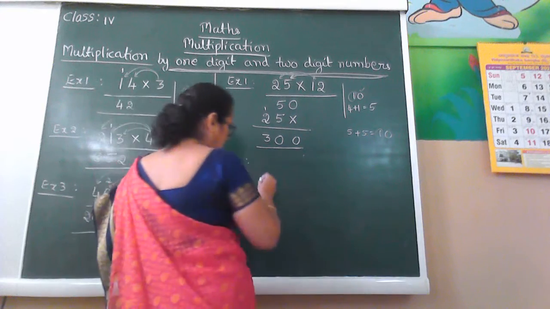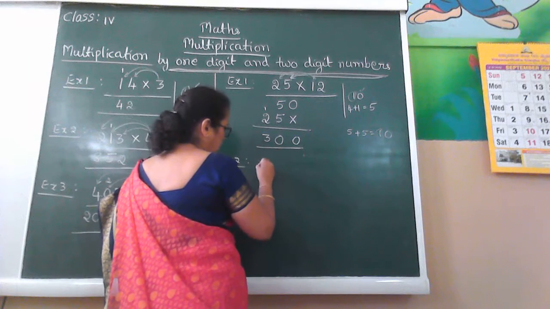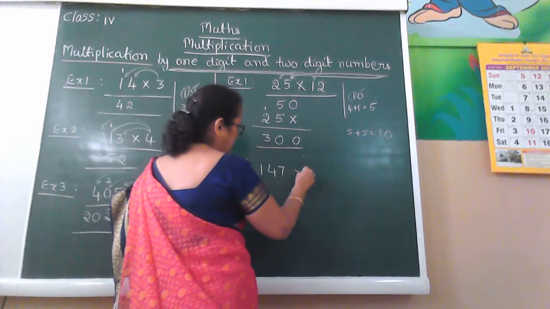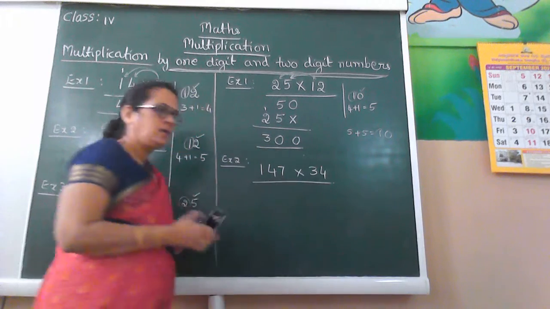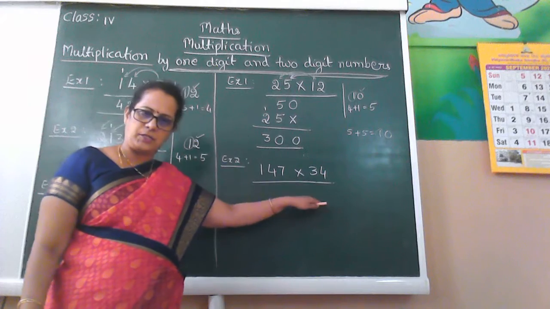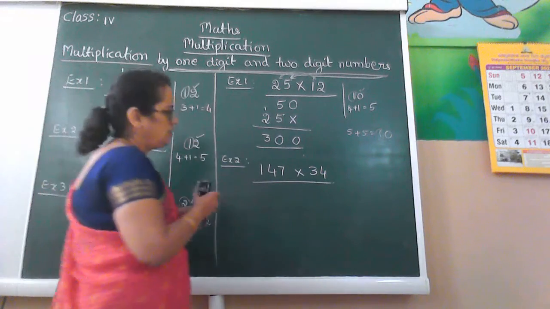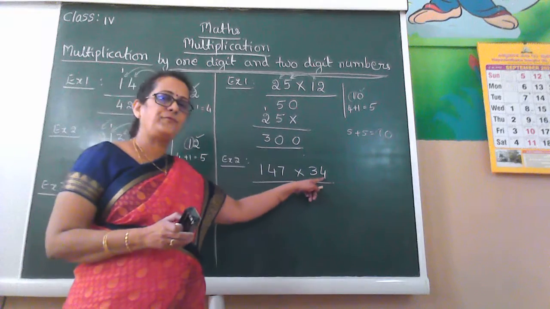So we'll do another example. I'll take a 3-digit number, that is 147 into 34. A 3-digit number multiplied by a 2-digit number again. Now first we'll multiply by which number? By 4.